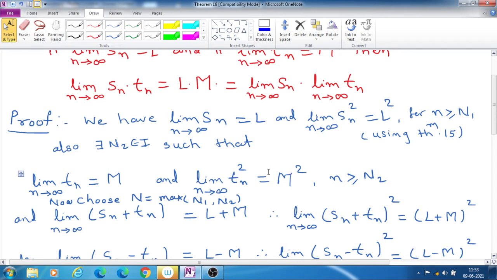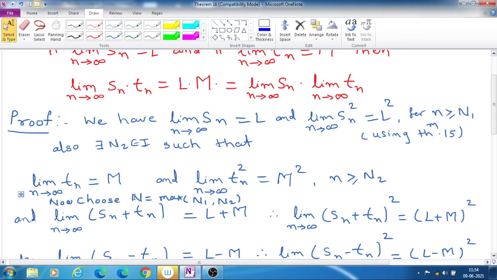So for this sequence Sn, we can say that if limit of Sn is equal to L, then limit of Sn square is equal to L square for some capital N1, small n greater than or equal to capital N1.